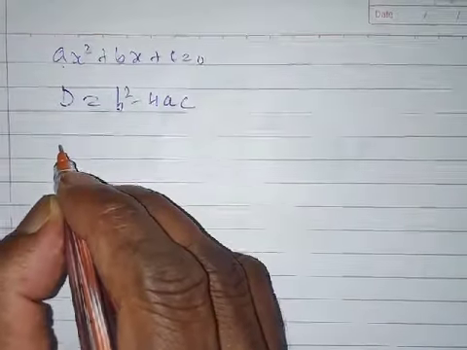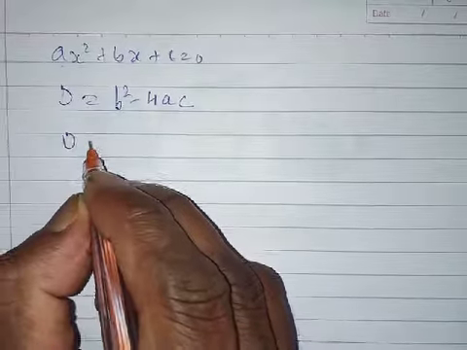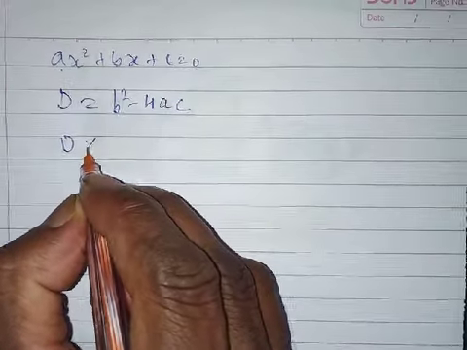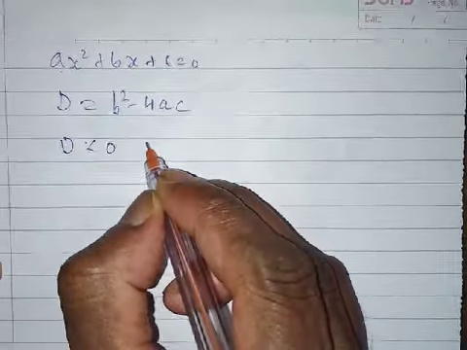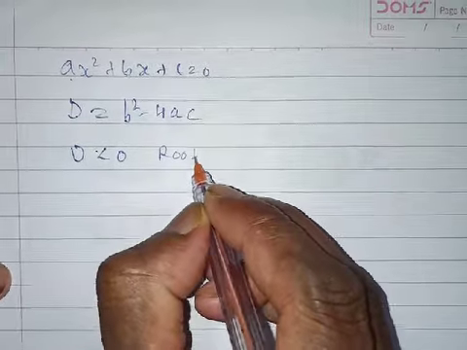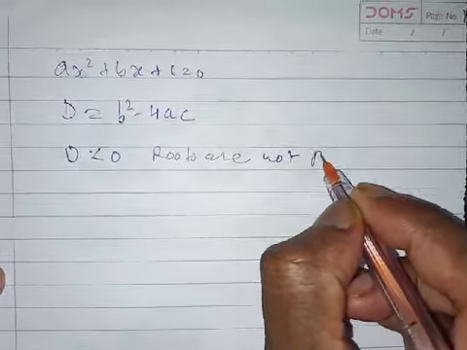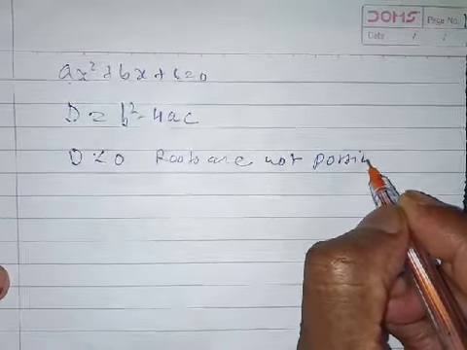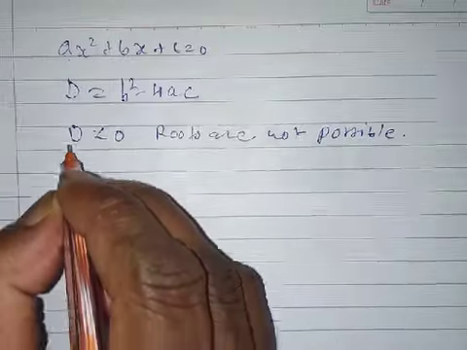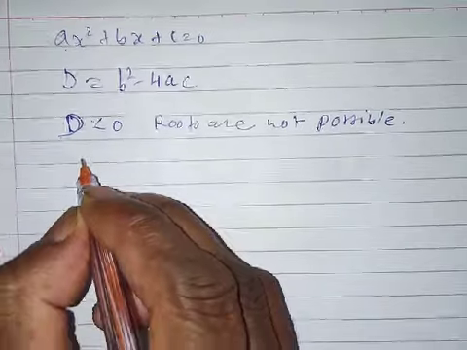Now, the nature of the roots. If D is less than 0, roots are not possible. This is D, the determinant.